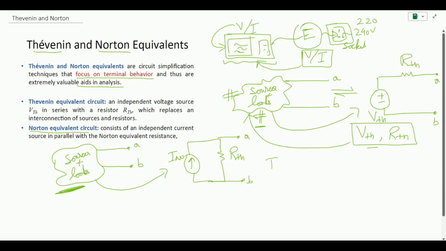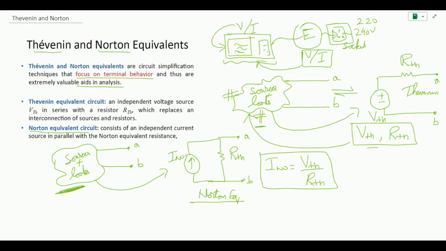We can find the Norton current by the ratio of V Thevenin to R Thevenin. So these are the two ways we can simplify. This is the representation of the Thevenin equivalent model, and this is the Norton equivalent representation, to simplify a complex network of loads and sources.